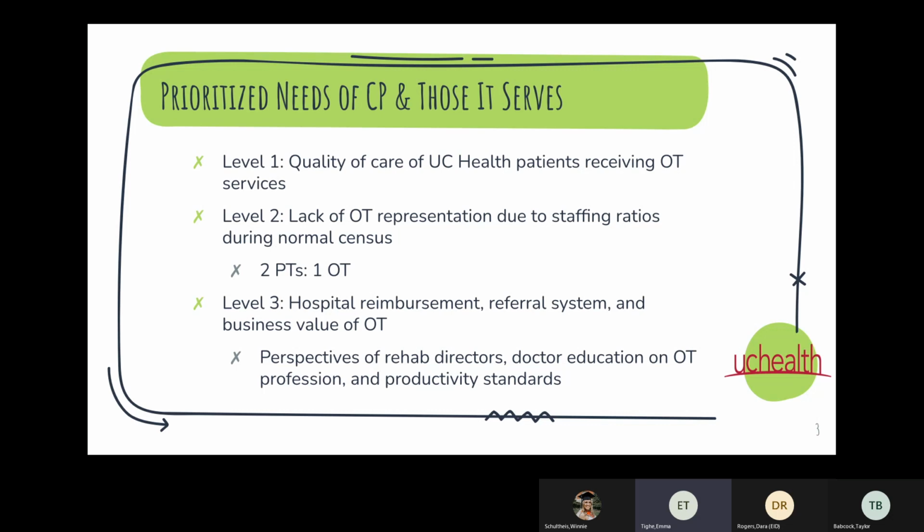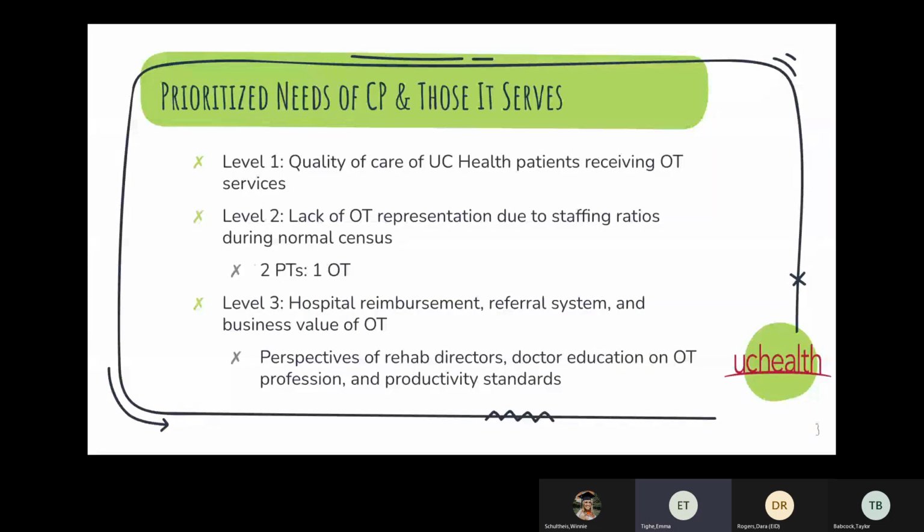And the consequences of not addressing the needs could lead to missed or inappropriate referrals from nurses and doctors, meaning decreased patient quality of care, hospital readmission, as well as inappropriate and unsafe discharge. In order to really meet the need of level 1, we first have to address level 2, which is what our program's main focus is.